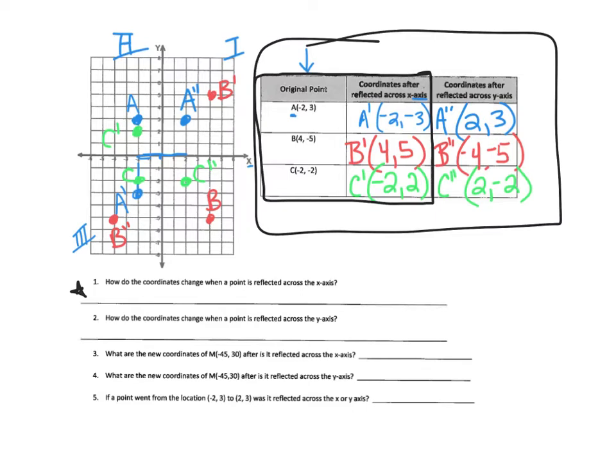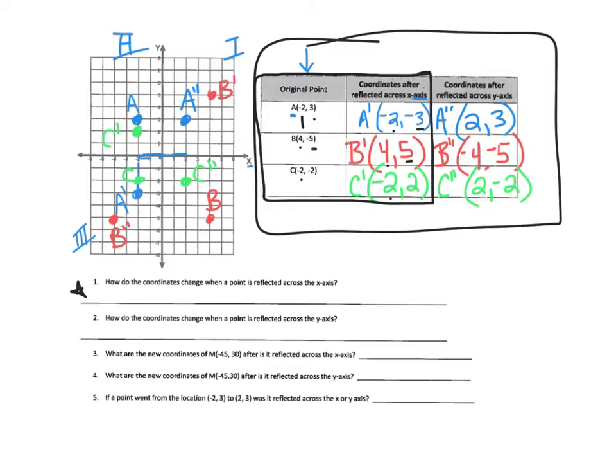positive 2. So do you see how the x-coordinate, the first number, stayed the same whenever we did the reflection over the x-axis? And the y-coordinate, we went from 3 to -3, -5 to +5, -2 to +2. So those are opposites. So the y-coordinate changed to the opposite.